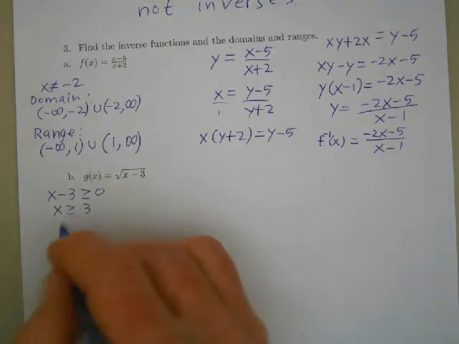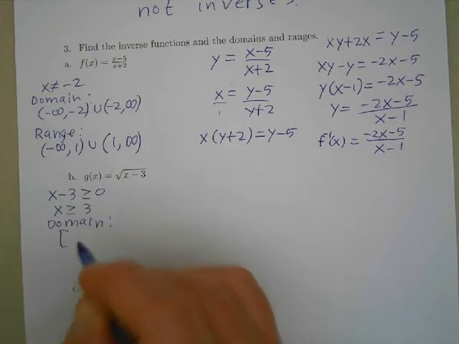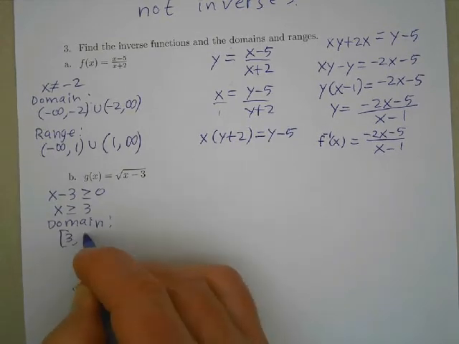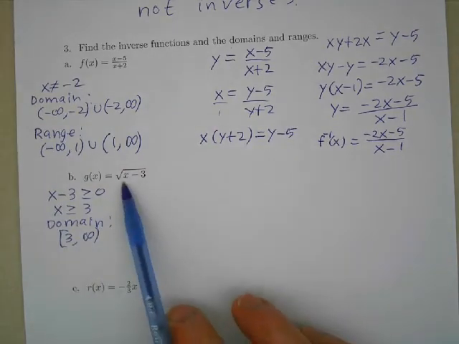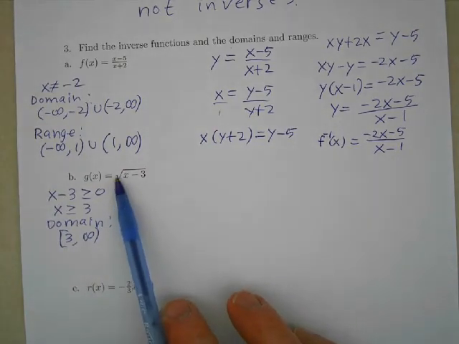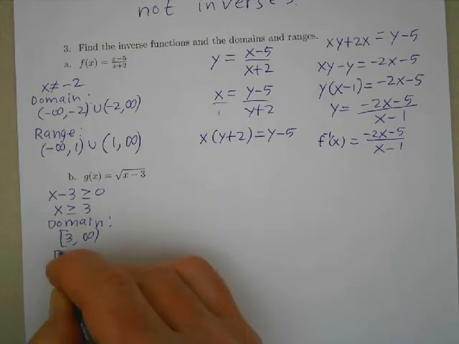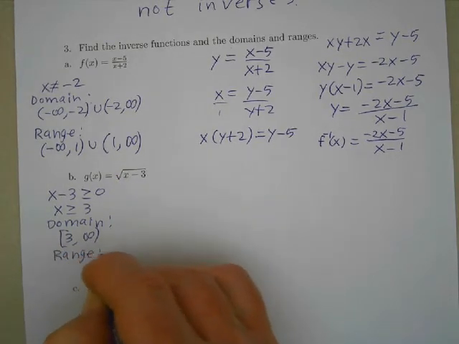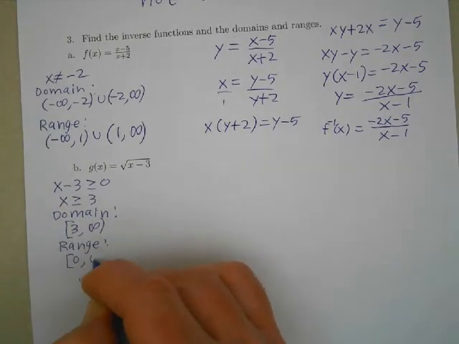So the domain of the function g is from 3 to infinity, including 3, and the range, well, the smallest range value is 0, and then after that they're positive. So the range is all of the non-negative numbers from 0 to infinity.